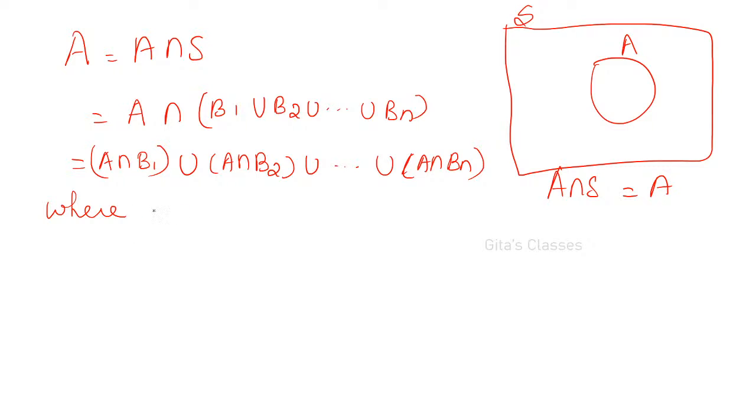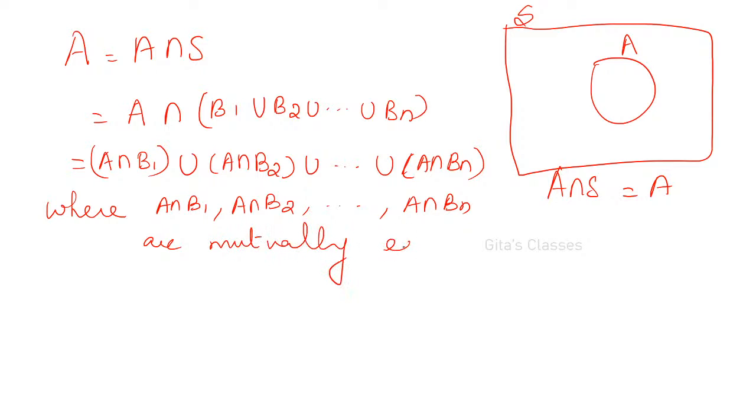So only when they are mutually exclusive can we apply our axiom 3, as we have seen in the additive theorem, where A intersection B1, A intersection B2, etc., A intersection Bn are mutually exclusive, right?